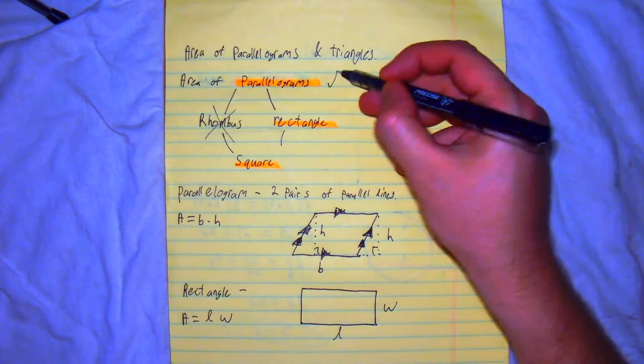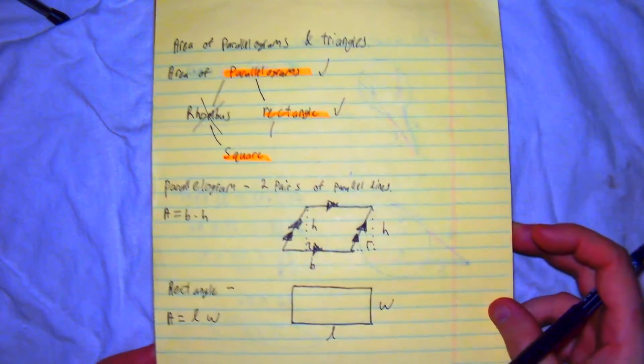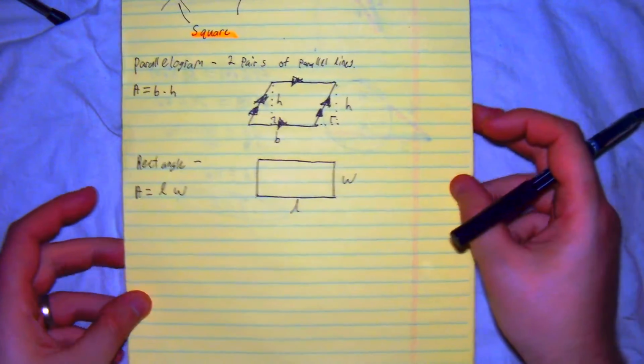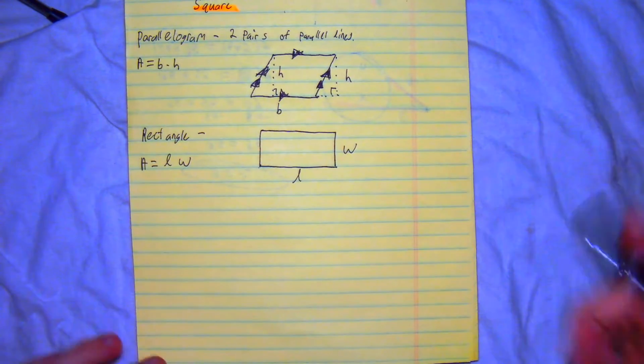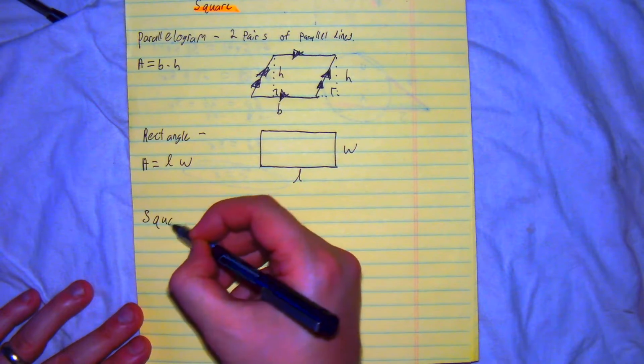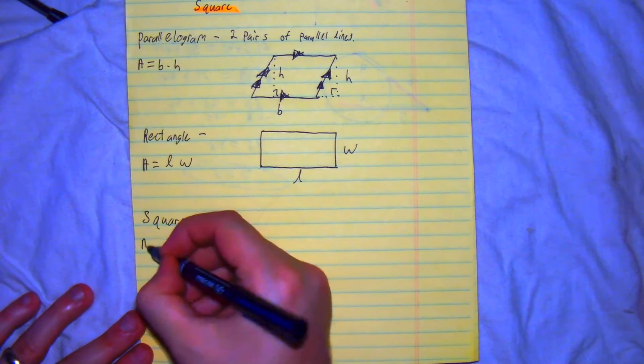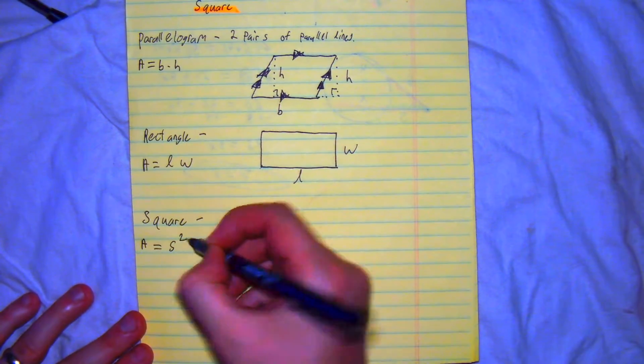So we did a parallelogram, we did a rectangle, and now let's do our square. And then we will complete this with our triangle. A square, area is equal to s squared.